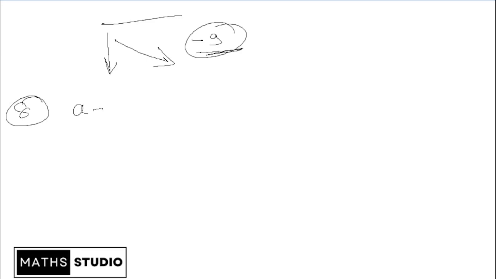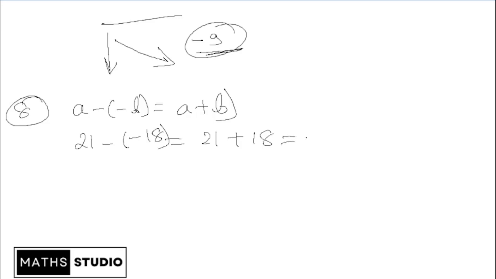Verify that a minus of minus b is equal to a plus b. So a is 21 in part A, minus of minus 18. So what do we get? 21 plus 18, which is 39.